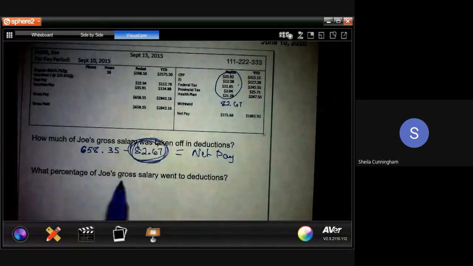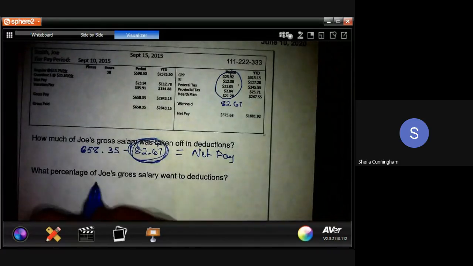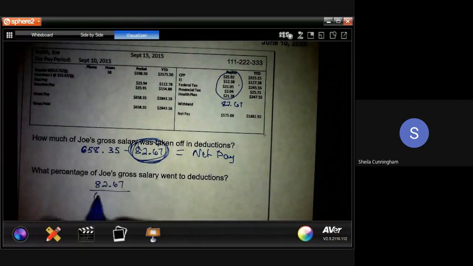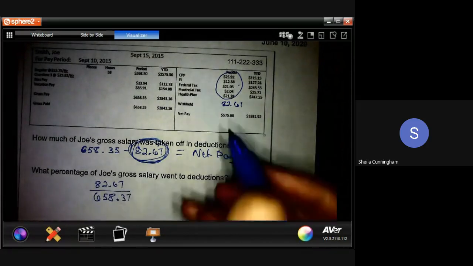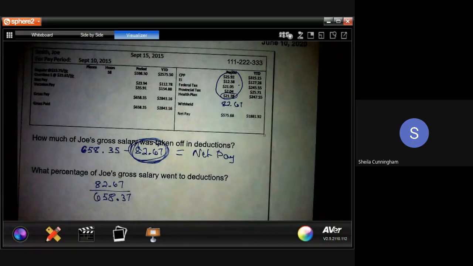Now, the percentage of Joe's gross salary that went to deductions. Well, same thing. Set your deductions on top, so the 82.67 over what his gross pay is. This is kind of like what we did with that health plan deduction when we just looked at one individual one. Now we're looking at all of his deductions. So we take the 82.67, divide it by the 658.35, and then times by 100.